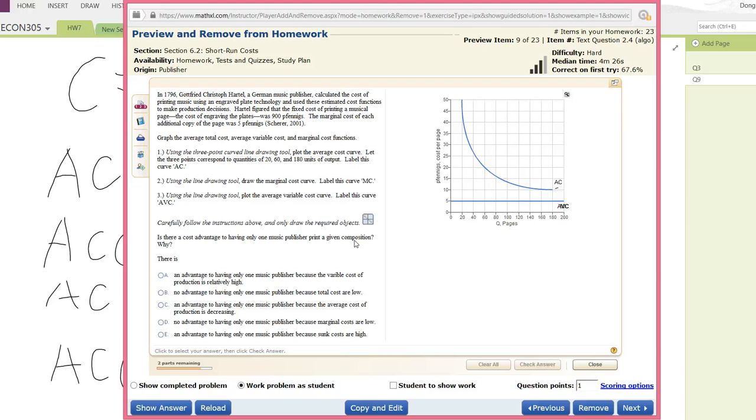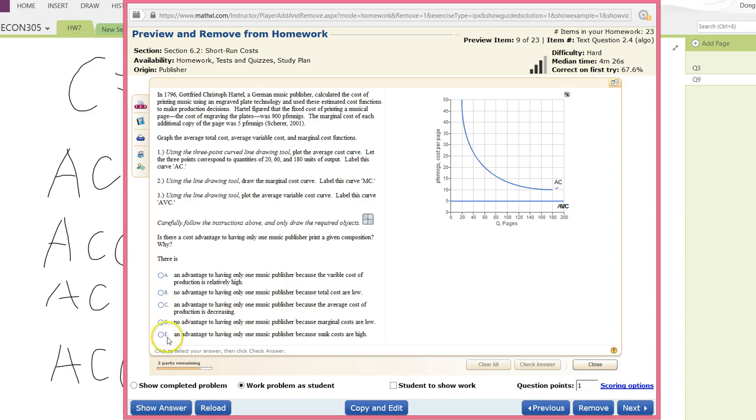Hence, the quantity of each publisher is a smaller number compared with if there's only one publisher. But the presumption here is that the average cost is a decreasing function of the quantity. So if the quantity is lower, then the average cost is higher, and that's a cost disadvantage. Hence, from the cost advantage point of view, it's best to have only one music publisher in the industry.